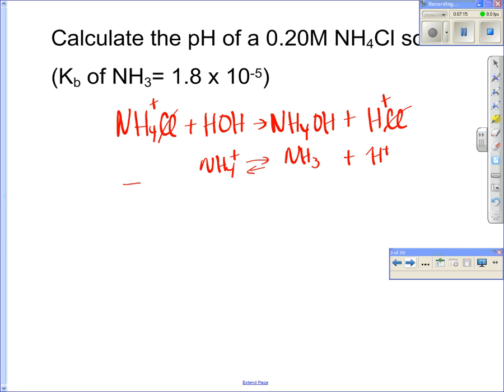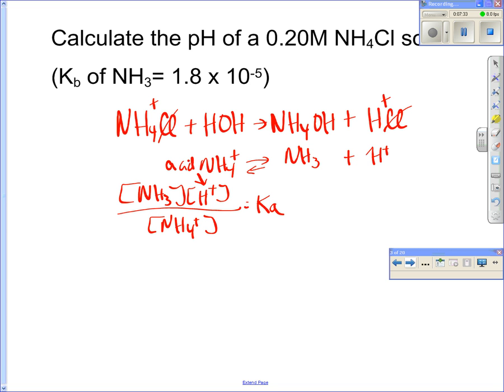So again, if we look at NH3 times H+ over the ammonium ion, that needs to equal a Ka, because I have an H+. That means I've got acid. Well, I have a Kb of the conjugate.